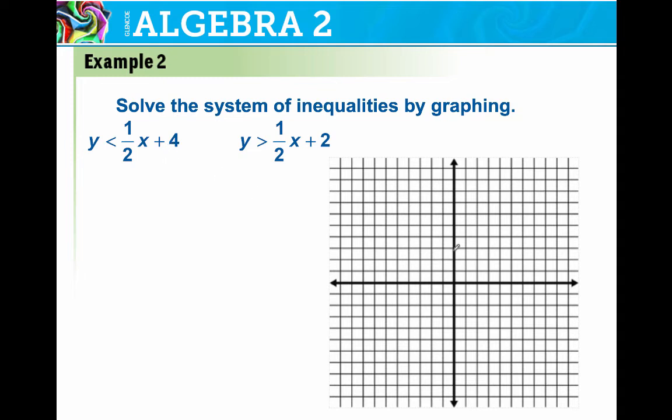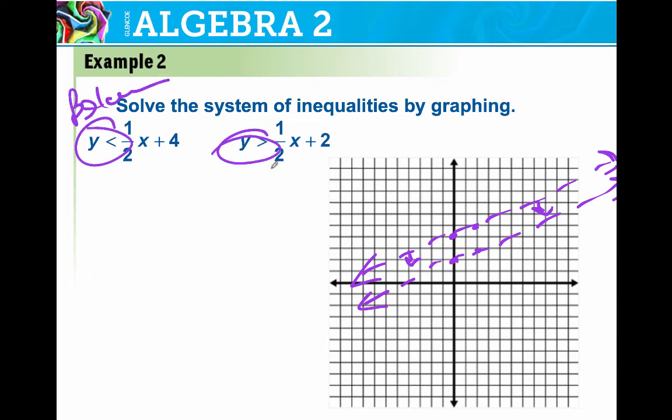If I go up to 4 and apply a slope of 1/2, I'm shading below, but then I go up to 2 with a slope of 1/2, and I'm shading above. So this one's below the taller one and above the one that's below, and now I'm in between, and that's unbounded. I'm in between the two of them.